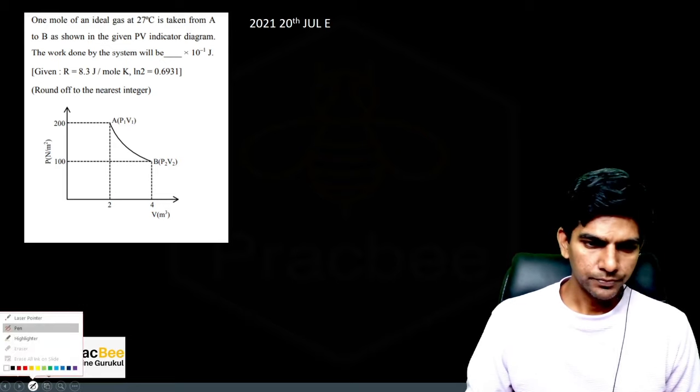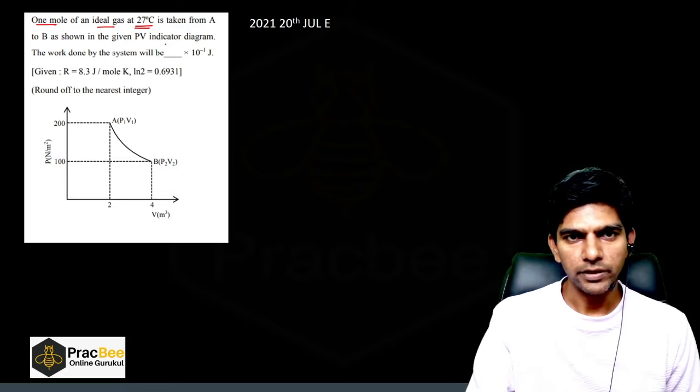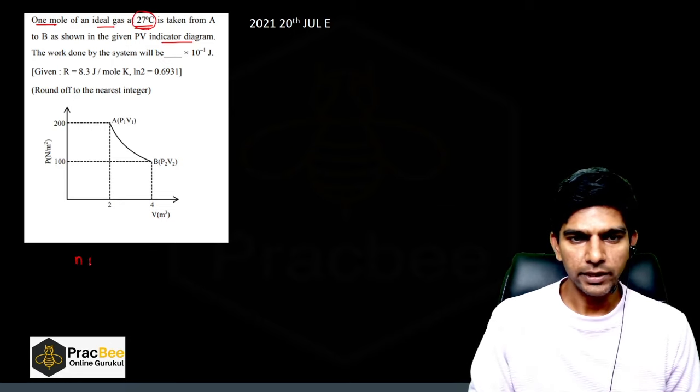We are given 1 mole of an ideal gas at 27 degrees Celsius taken from A to B as shown in the given PV indicator diagram. The work done by the system will be, since the temperature is constant, we can apply this formula: nRT ln V2 by V1.